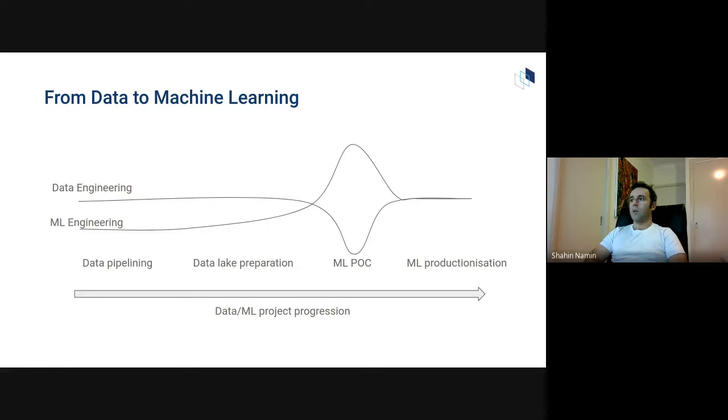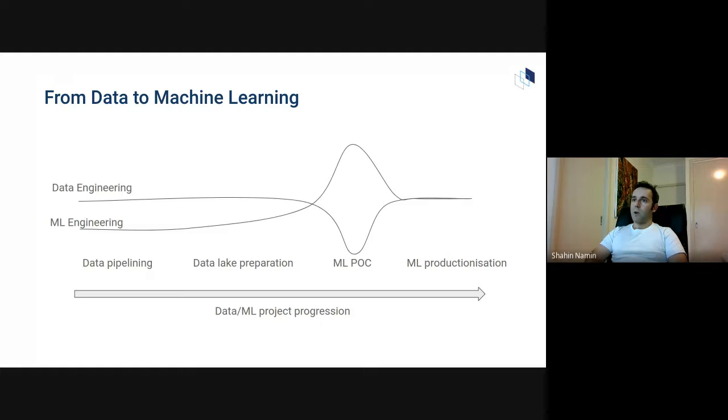After that, we recommend running a machine learning proof of concept. The proof of concept aims to reduce the risk of the project and make sure that the data is ready, and it gives us confidence that we can learn a model on top of the available data. And the last step is to productionize and make sure we can provide useful services for the end users.